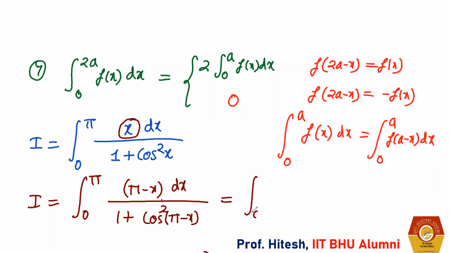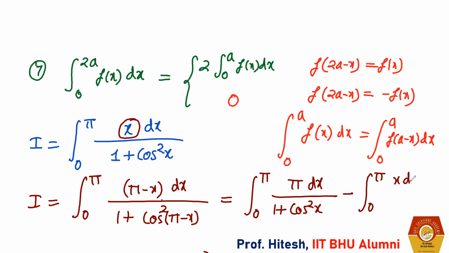So that will be 0 to pi, pi dx upon 1 plus cos square x minus 0 to pi x dx upon 1 plus cos square x. If I add this to I, only this term will remain because this one and this one will cancel each other.